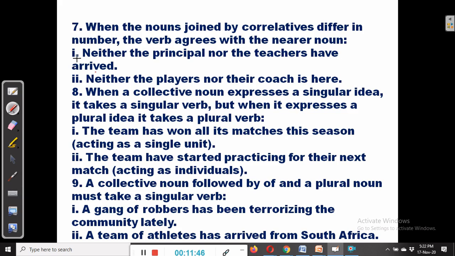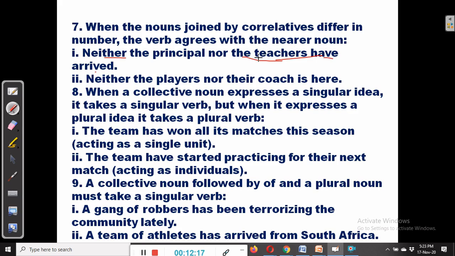Now, the first example: Neither the principal nor the teachers have arrived. You see, neither the principal nor the teachers. Because "the teachers" is a plural subject and that is the one nearest to the verb, the verb must agree with this subject, which is plural, and that gives us a plural verb.